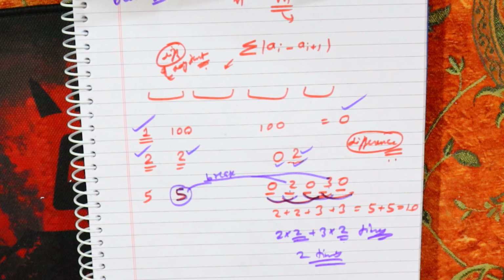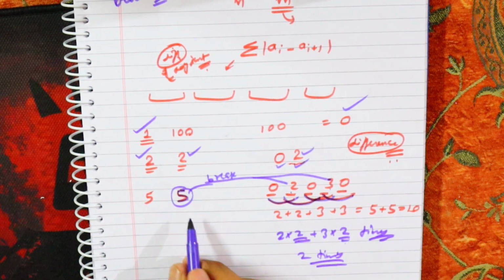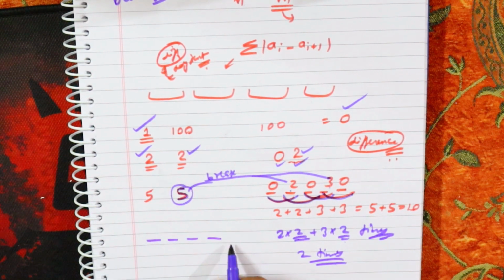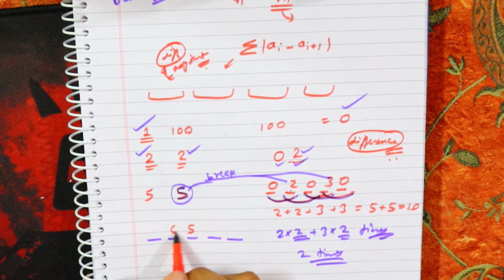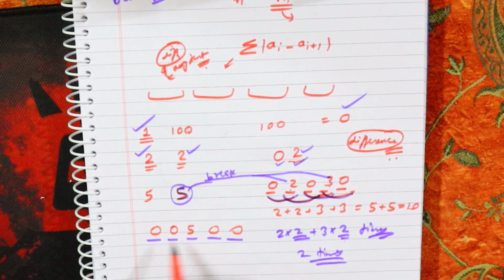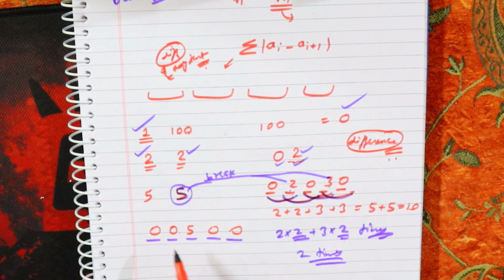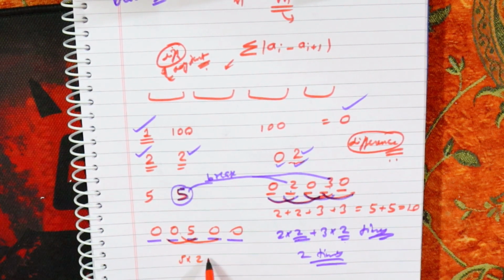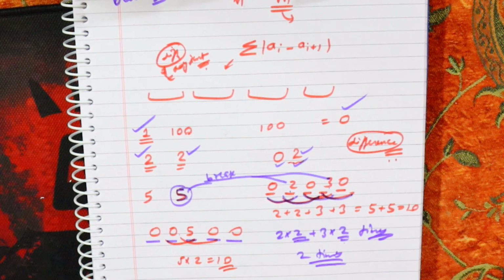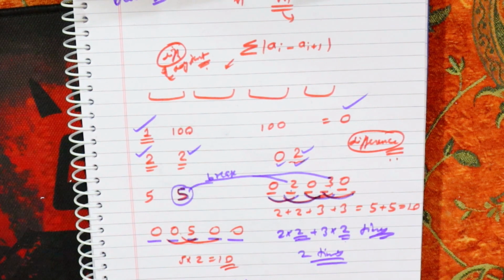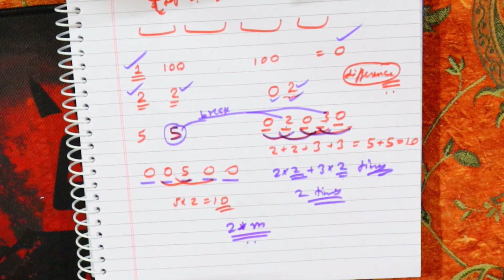If I have 5 places, which means n equals 5, and I place the number 5 here and 0 0 0 0, or I could have also placed 5 somewhere else, then 5 plus 5 into 2 is 10. From this intuition we get that the maximum value which we can have is 2 into m.